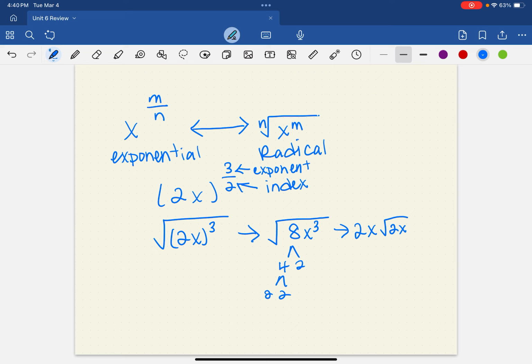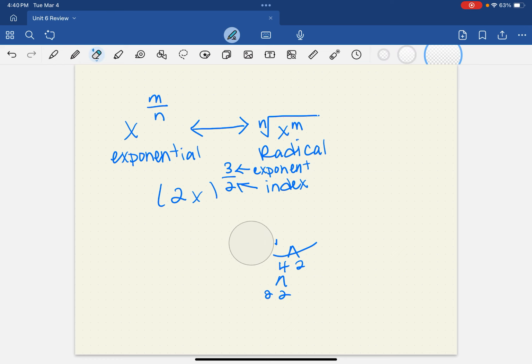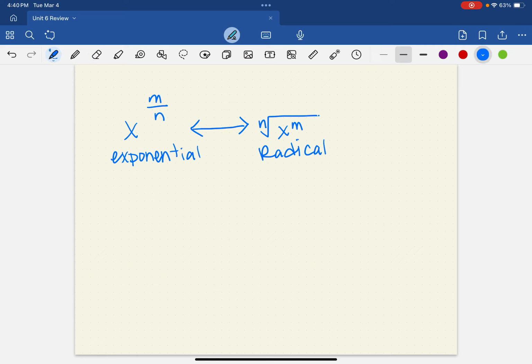Okay, but I am perfectly okay with this answer right here for testing, because I'm already going to see if you can simplify before on the test, so it's not that bad. Okay, let's go ahead and next. And I am not giving you this rule on the test, so make sure you have it memorized.